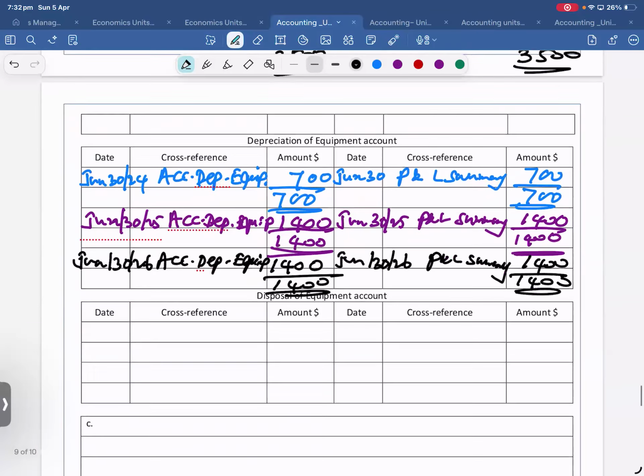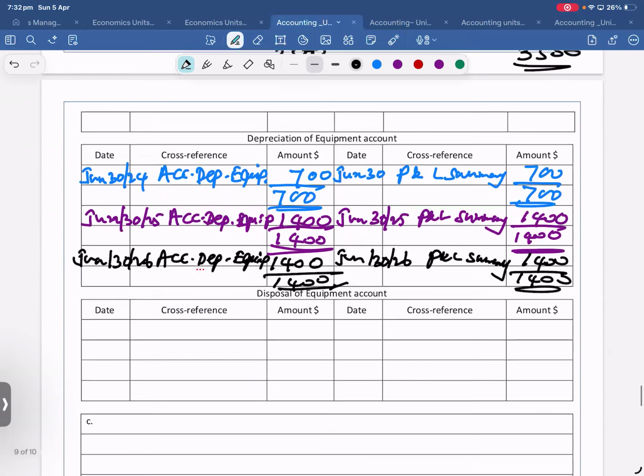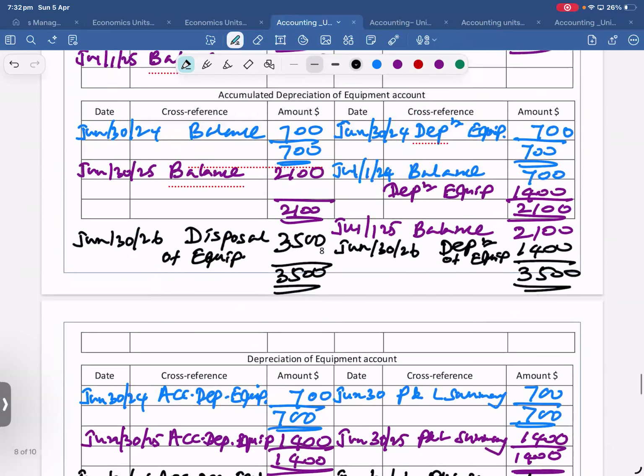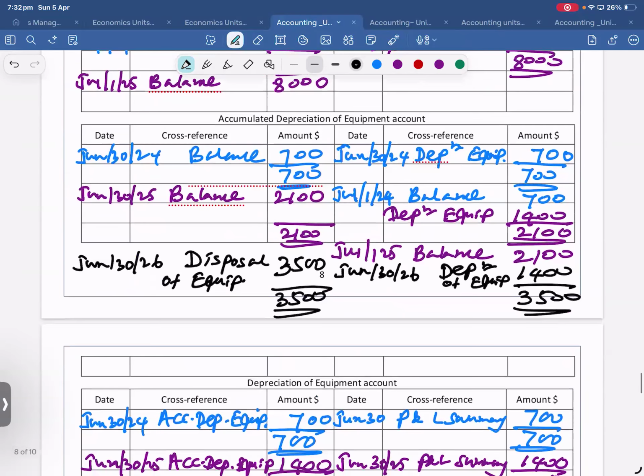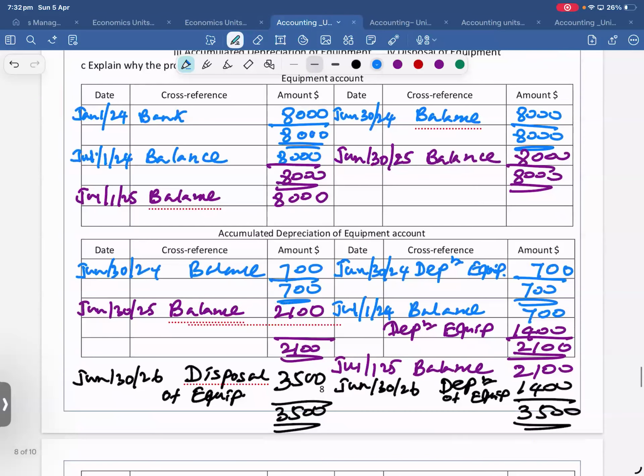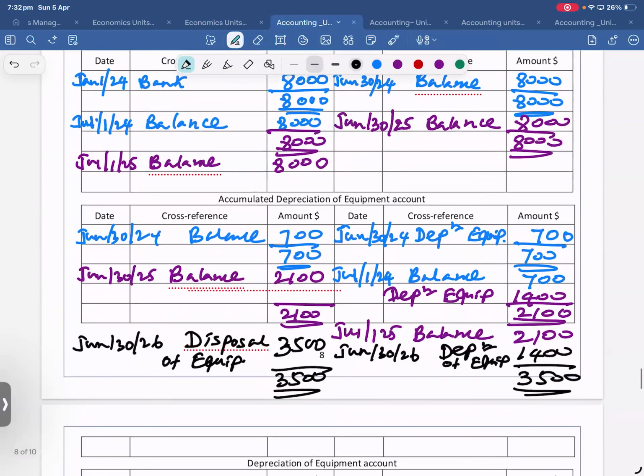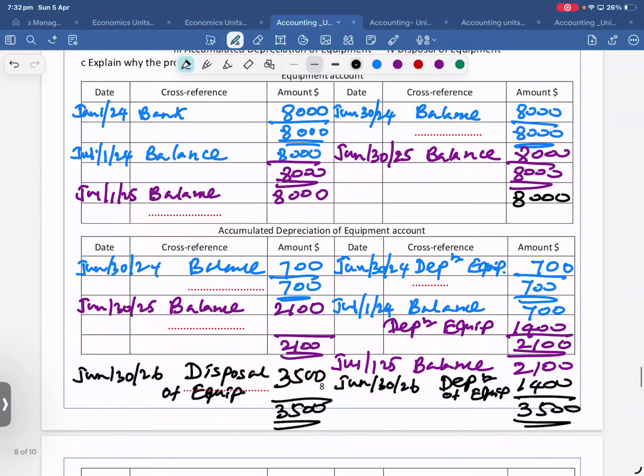Okay, guys. Then disposal. What would we do? So we transfer firstly the equipment, 8,000. If you do that, there wouldn't be any profit or loss.